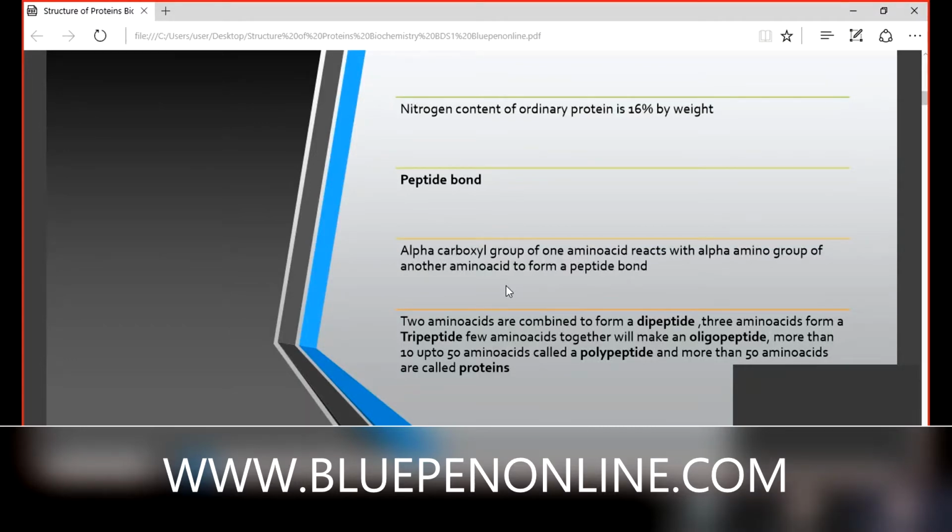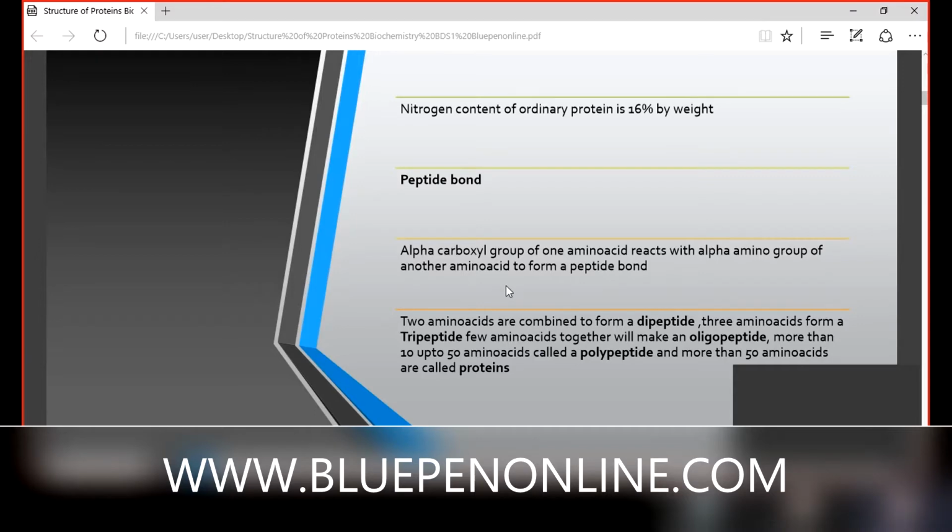Which are the two functional groups? Don't worry, you can tell me. Amino acid we can express as NH2, CH, COOH, with R. The CH is in the middle.